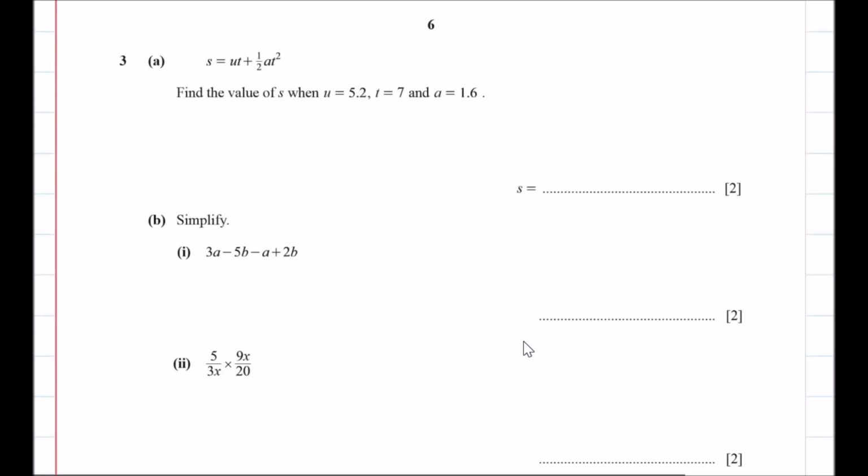Now we have an algebra question. 3a: s equal to ut plus half at square. Find the value of s when u equal to 5.2, t equal to 7 and a equal to 1.6.